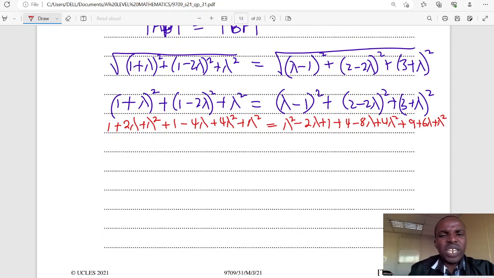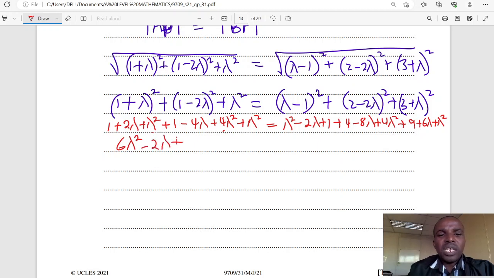On the left side, lambda squared plus 4 lambda squared plus lambda squared is 6 lambda squared. Then on the lambda side, 2 lambda minus 4 lambda, you get minus 2 lambda.